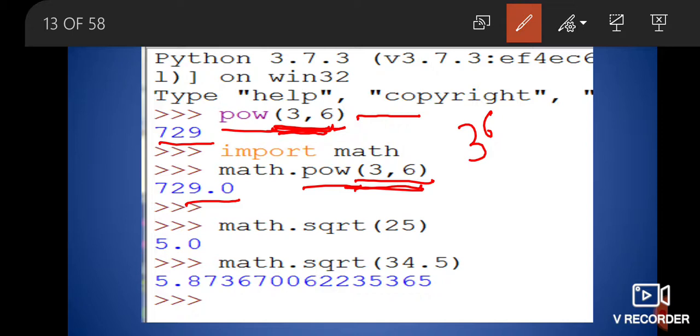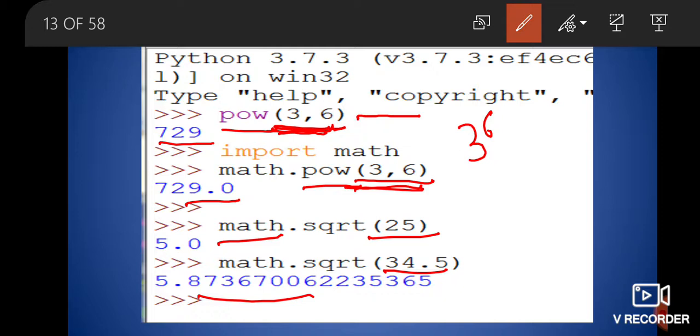Then see the sqrt function. Here I am providing a number and it is returning the square root of this number in the form of a float value. So this function also returns a float result. Then I gave a floating point value as a parameter to this function and I got the square root of this number. Clear?